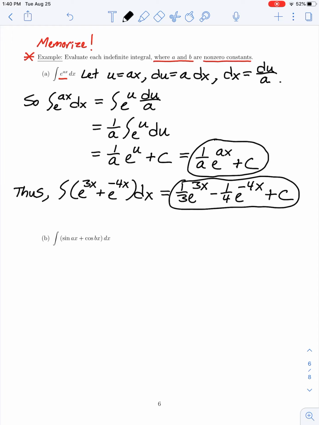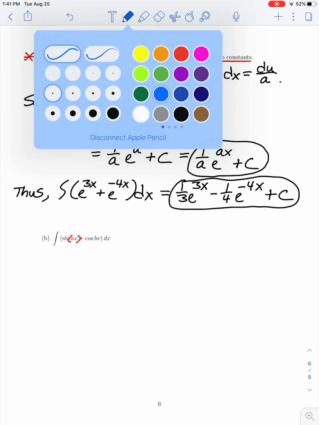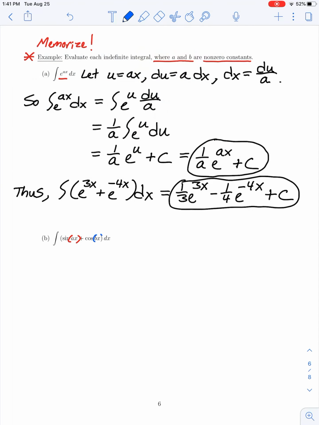So let's look at another example. In part B, we have something similar, the integral of sine of ax plus cosine of bx dx, where a and b are non-zero constants. So again, we see that we're working with composite functions here, not just sine of x, but sine of a times x, and not just cosine of x, but cosine of b times x.